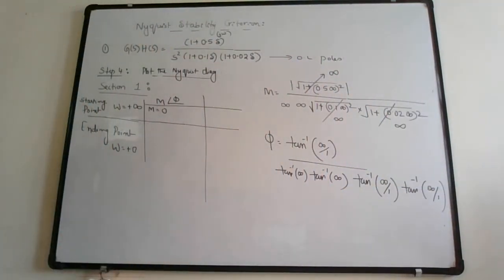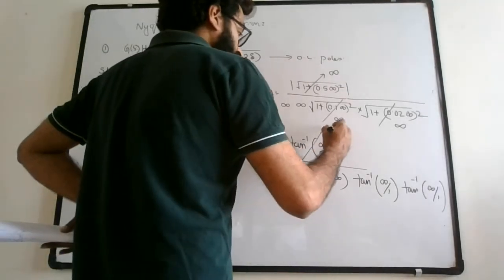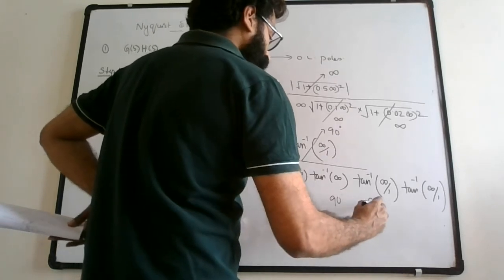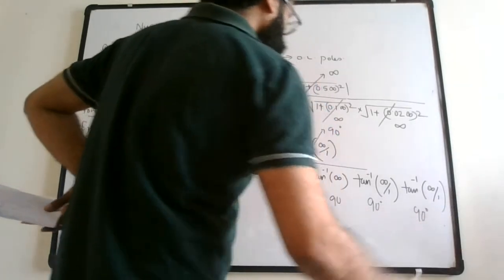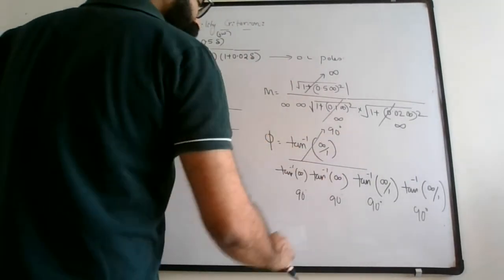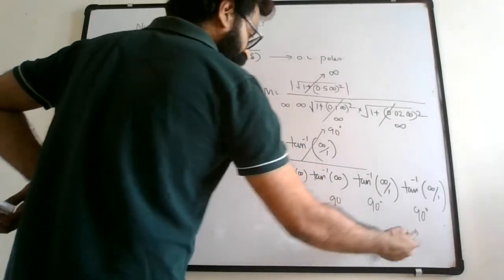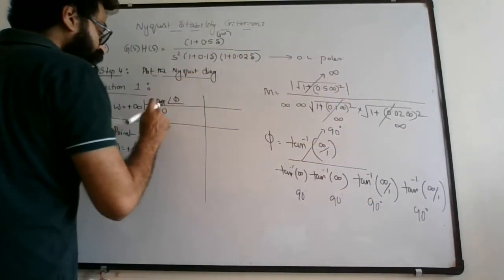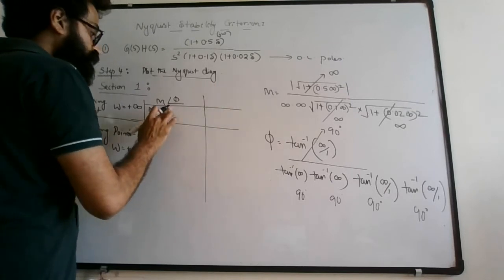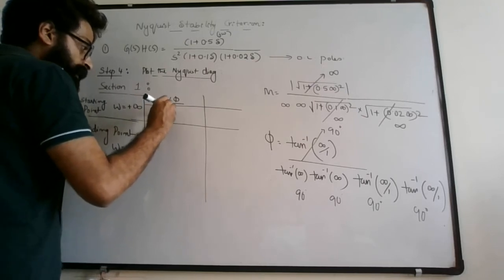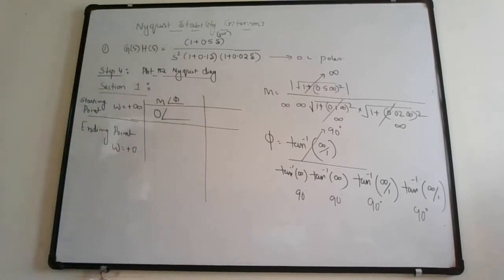And what is tan inverse of infinity by 1? It is tan inverse of infinity. So in the numerator you will have 90 degree, and in the denominator also you will have 90 degree angles. So find out the net angle. One numerator angle is going to cancel out with a denominator angle. So net angle is 90 plus 90 plus 90, and when it goes from the denominator, it becomes negative 270 degree. So what I can write over here is magnitude as 0 and phase angle as minus 270 degree.